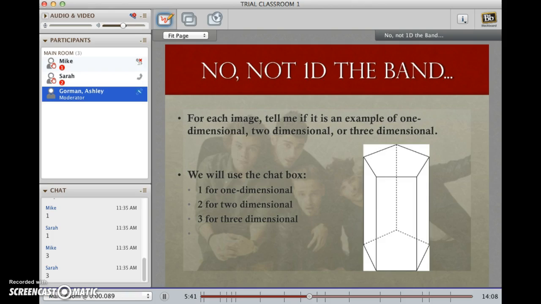How many sides are in a pentagon? Sarah also has it. Now, Sarah, I know your talking isn't working. Can you write in the chat box how many sides a pentagon has? Go ahead and put it in the chat box. Oh, 5. Beautiful. We've got it. All right, you can put your hands down.